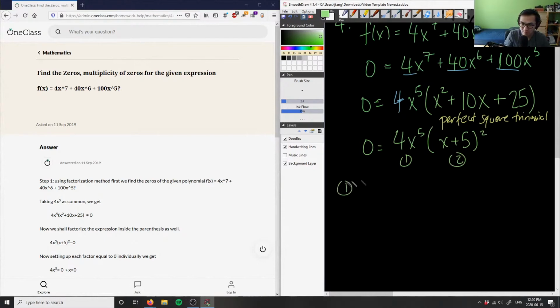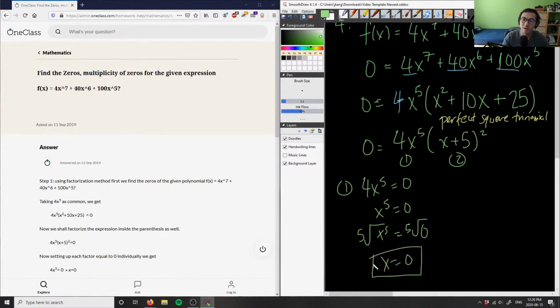So for case 1, 4 times x to the power of 5 is equal to 0. Divide both sides by 4, and I get x to the power of 5 is equal to 0. And then if I take the fifth root of both sides, it's still going to equal 0. So x equals 0 is definitely a zero.